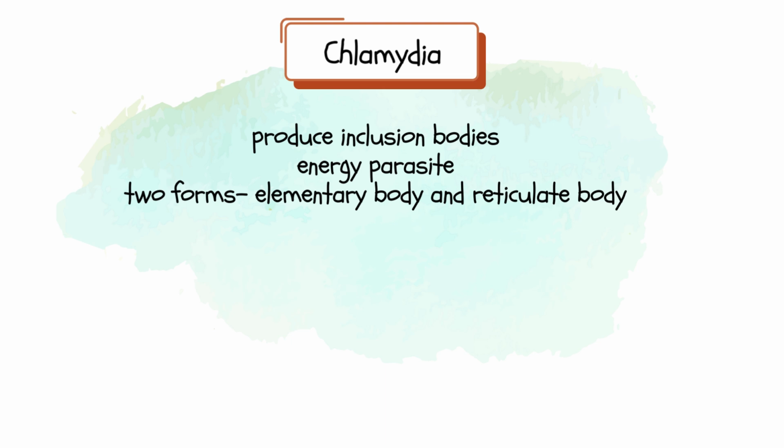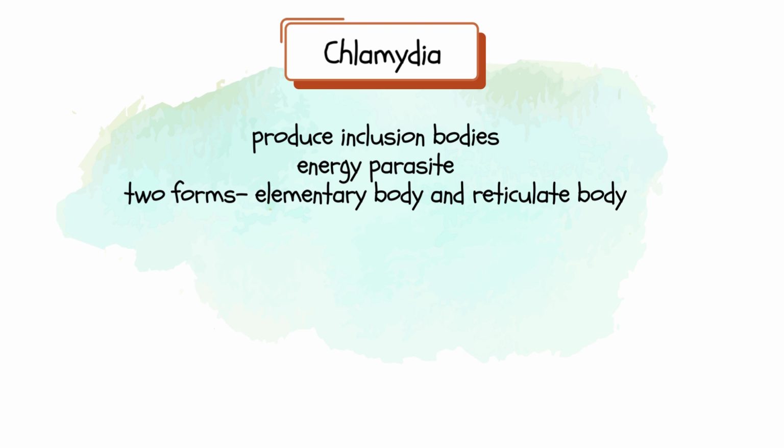The life cycle of chlamydia consists of two forms, elementary body and reticulate body. Elementary body is the infective form, reticulate body is the replicating form. Elementary body is extracellular, reticulate body is inside the host cell, and elementary body has a rigid cell wall while reticulate body has a fragile cell wall.